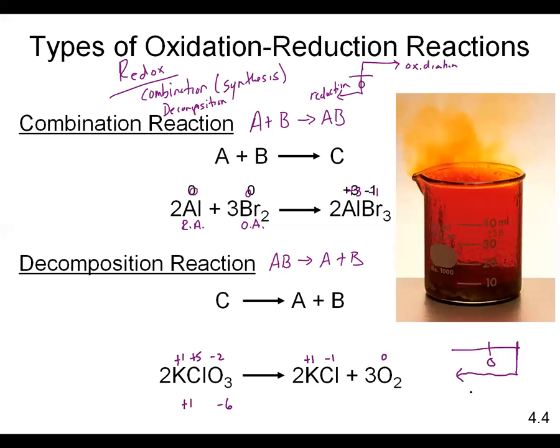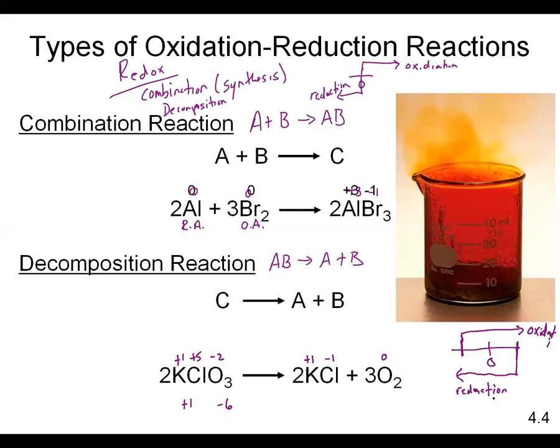So what we see with the chlorine is it is going through reduction, going from +5 to -1. Oxygen, on the other hand, is starting at -2 and heading towards 0, which means the oxygen here is going through oxidation.